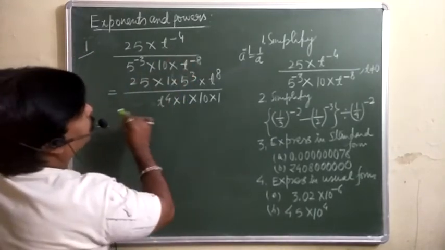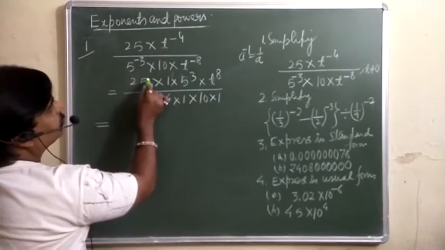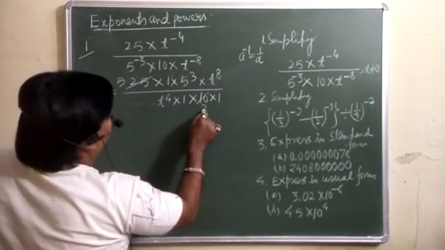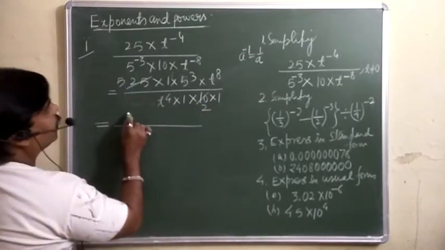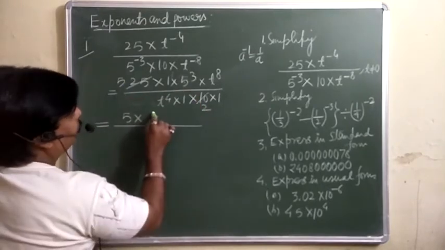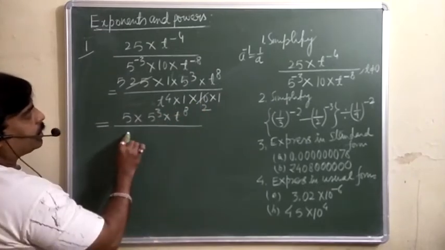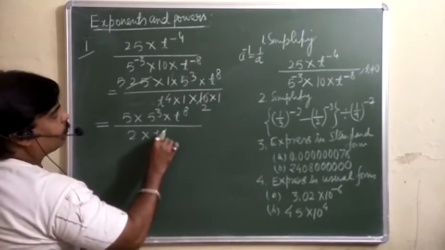चाहे तो एक लाइन लिख सकते थे. Look at here now. You can solve this one. See now you can cancel 5 5 जा, 5 2 जा. So in the numerator you are getting 5 into 5 raised to power 3 into t raised to power 8, in denominator में क्या है 2 into t raised to power 4.